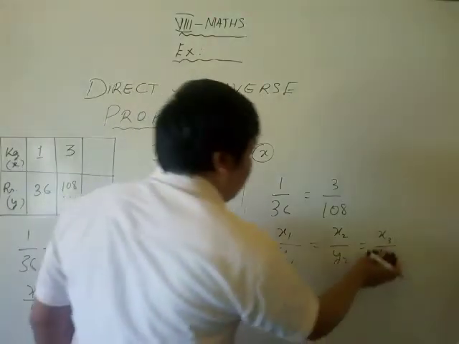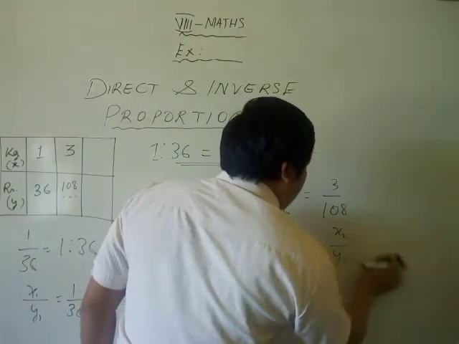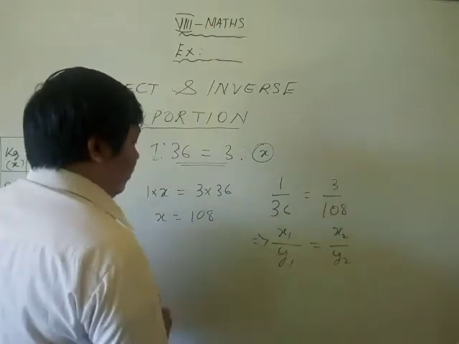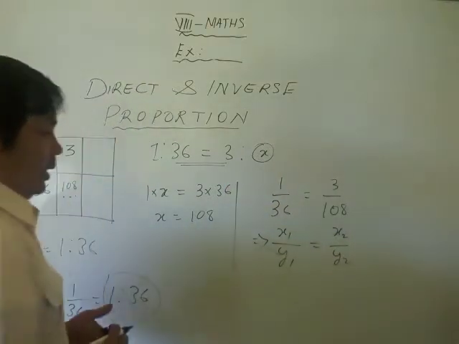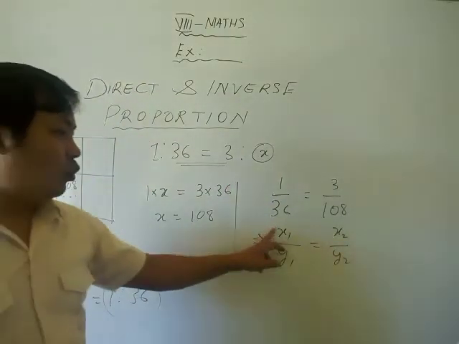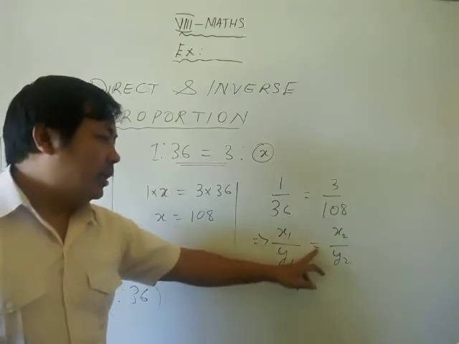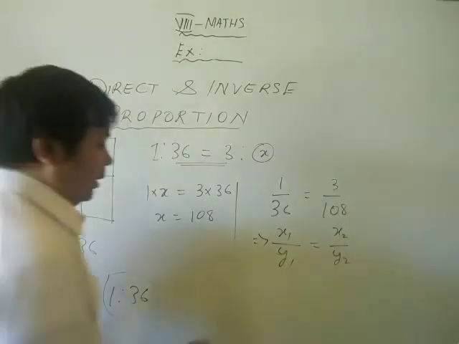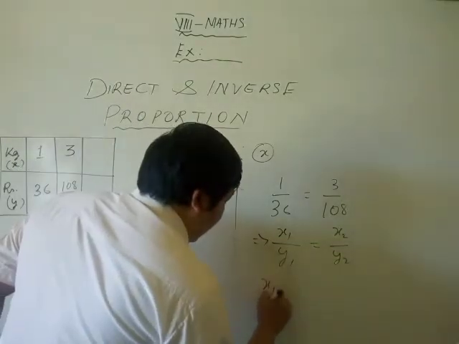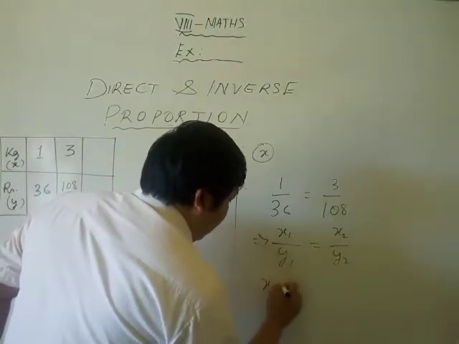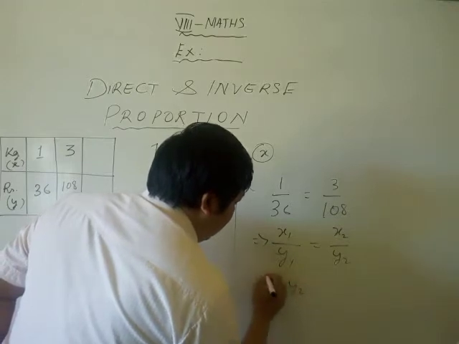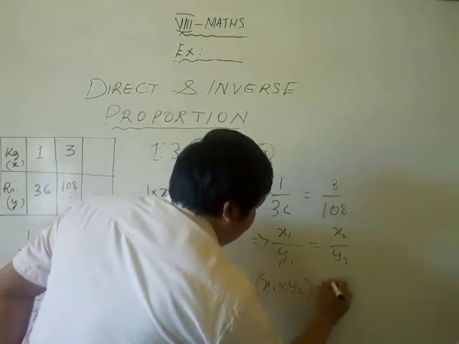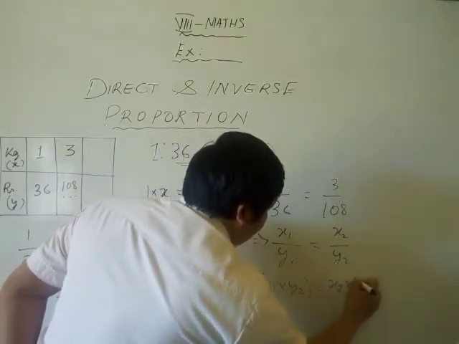Okay. Now what you have to come to the conclusion is that x1 by y1 is equal to x2 by y2 since they are proportional. So that means x1 into y2 will be equal to x2 into y1.